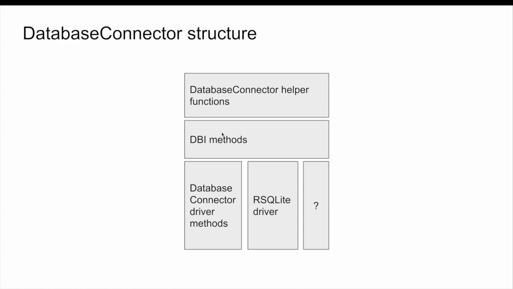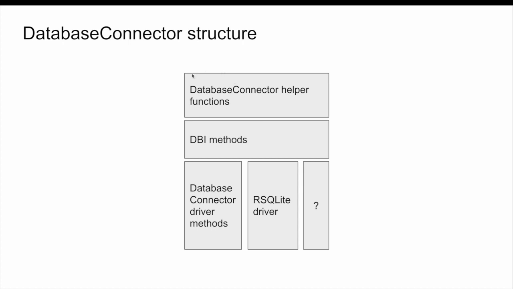So this is the structure that I'm going to try to create. What I'm doing here is separating out the parts of Database Connector that are helper functions and the parts that are just like other driver packages in R. So Database Connector is kind of doing two things. It's acting like the driver packages, the difference being that it implements multiple drivers instead of just one.